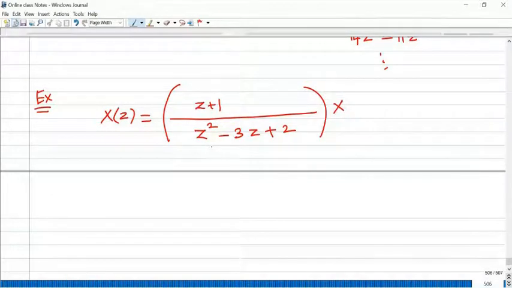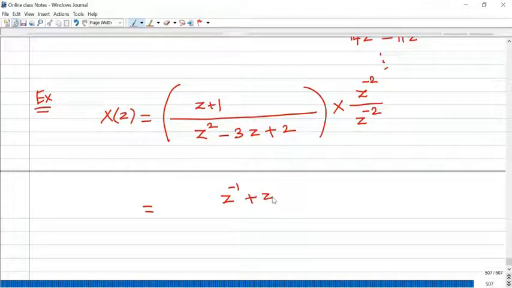What is the maximum term? z square is there. So multiply z power minus 2 in both the numerator and denominator. Z power minus 2 times z gives z power minus 1, plus z power minus 2.